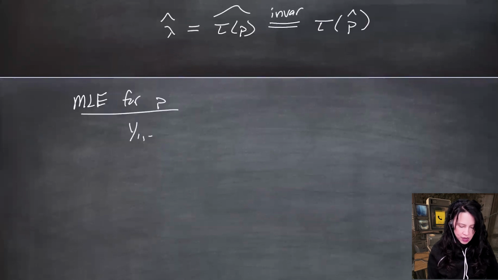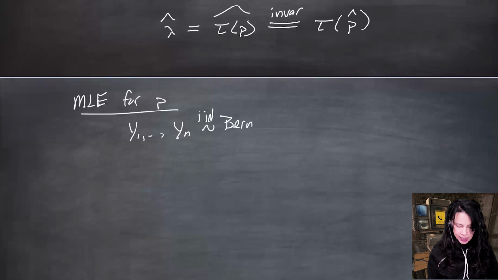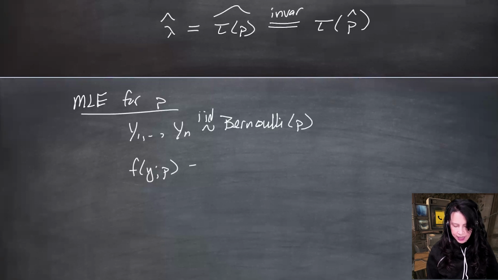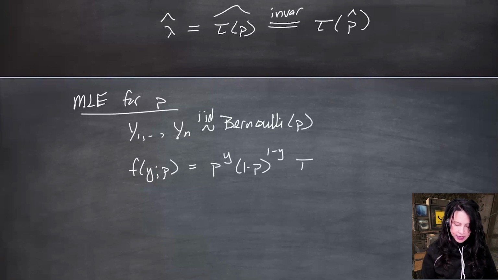I've got Y1 through YN, IID, Bernoulli with parameter p. So the PDF for one of these is p to the y, 1 minus p to the 1 minus y, and then an indicator that says we take on one of two values in this discrete set for y.